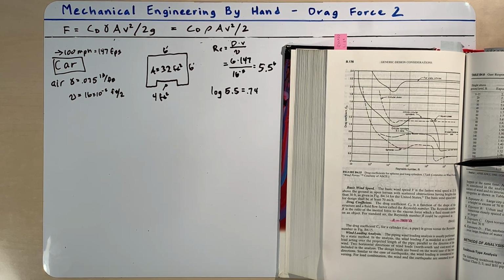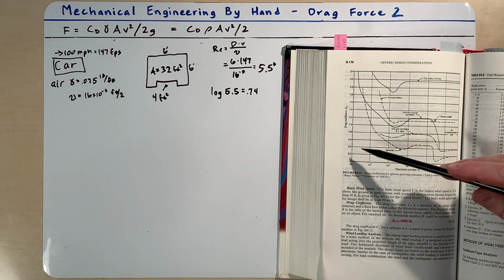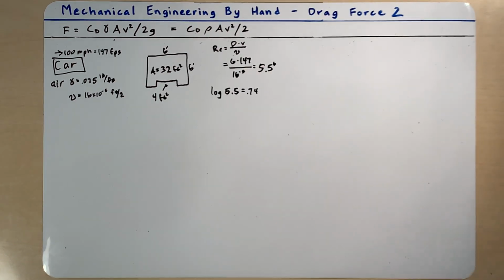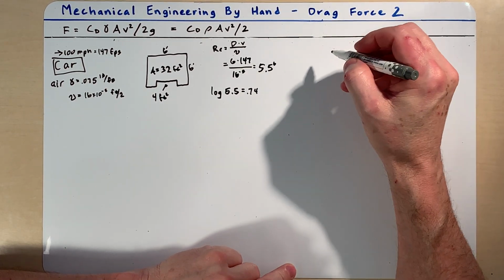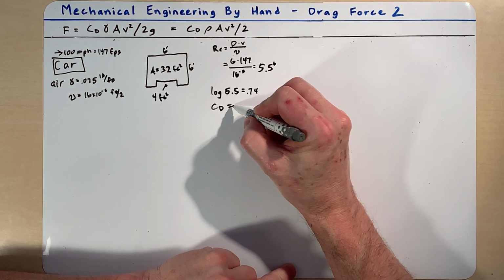So that would be over in this area. And then we go up to that area I mentioned between the two lines, and we have 0.3. So our drag coefficient equals 0.3.